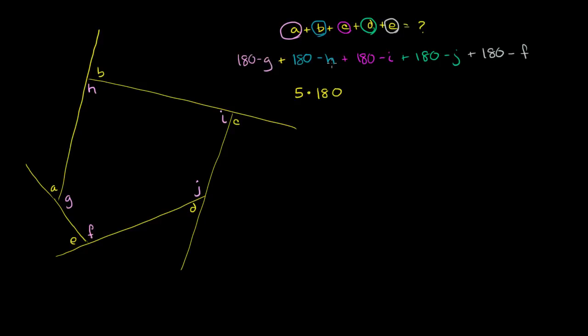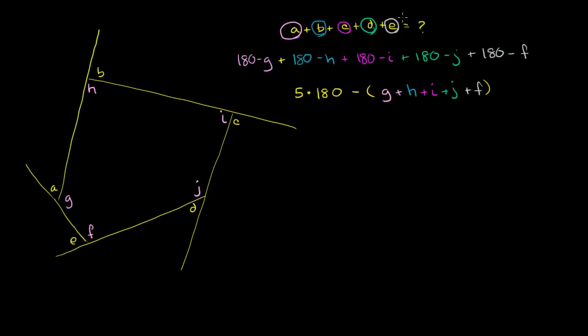And then you have minus G, minus H, minus I, minus J, minus F. Or we could write that as minus, I'll try to do the same colors, G plus H plus I plus J plus F. I'm kind of factoring out this negative sign.